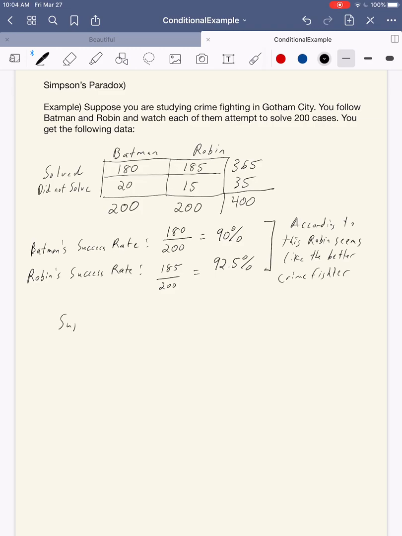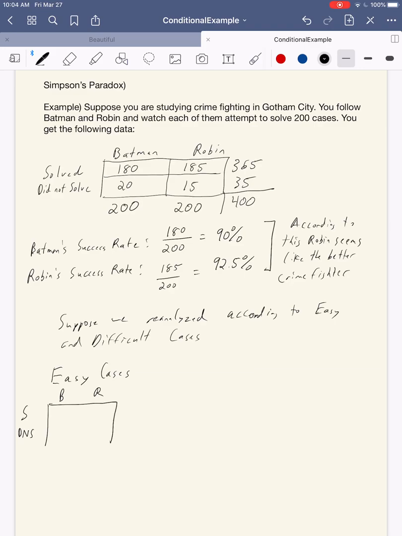So let's suppose we reanalyzed according to easy and difficult cases. Suppose that when we go back over our records, we see the easy cases, with solved and did not solve, and Batman and Robin.